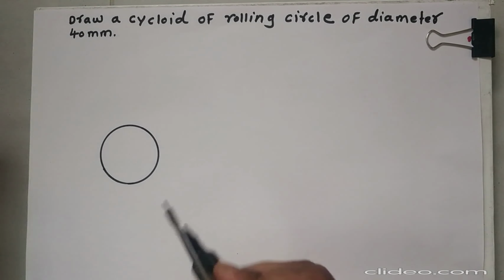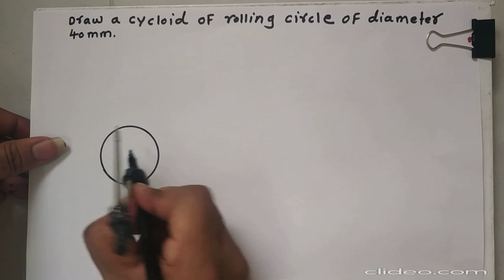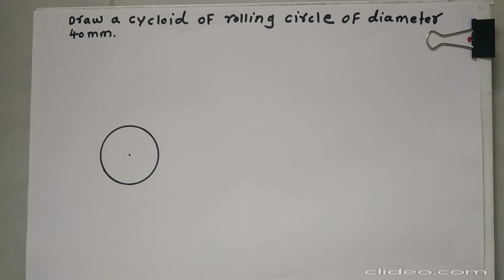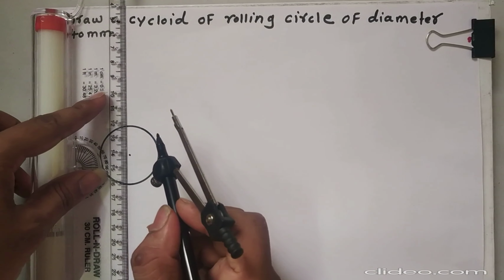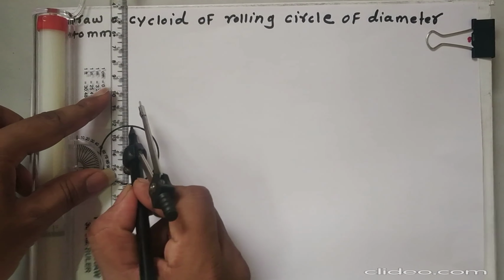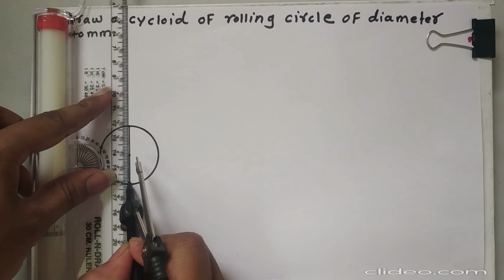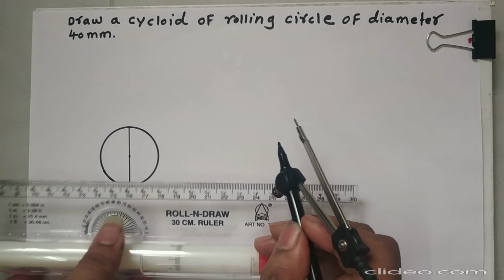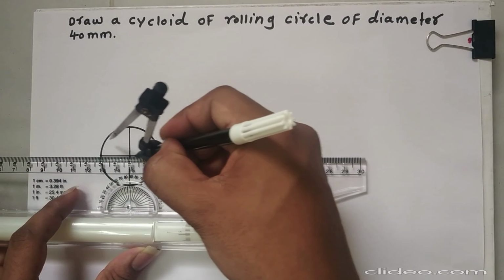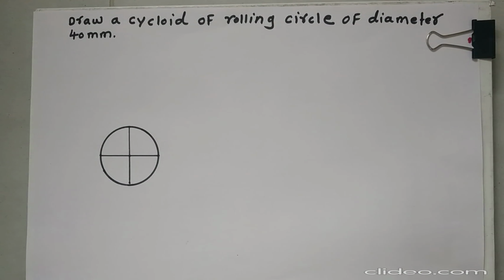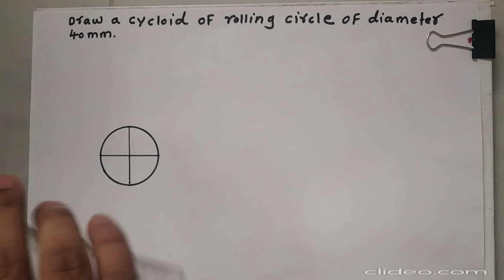Now divide this circle into 8 equal parts. For that, first you need to join the two diagonals, first and second. Next we need to divide the circle into 8 equal parts.